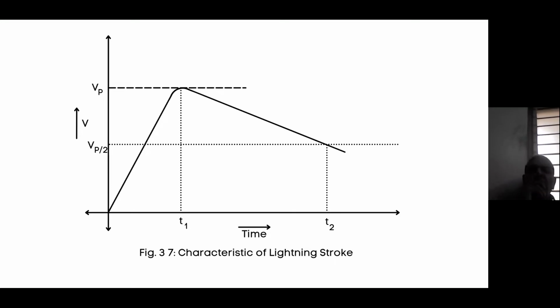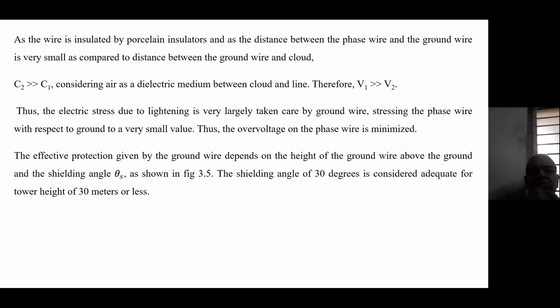The actual variation is from 48 microseconds to as good as 60 microseconds. But we have defined 50 microseconds. So OT1 is 1.2, OT2 is the tail time, front time and tail time. This is the characteristic of lightning stroke. It is an impulse wave. It is not sinusoidal.